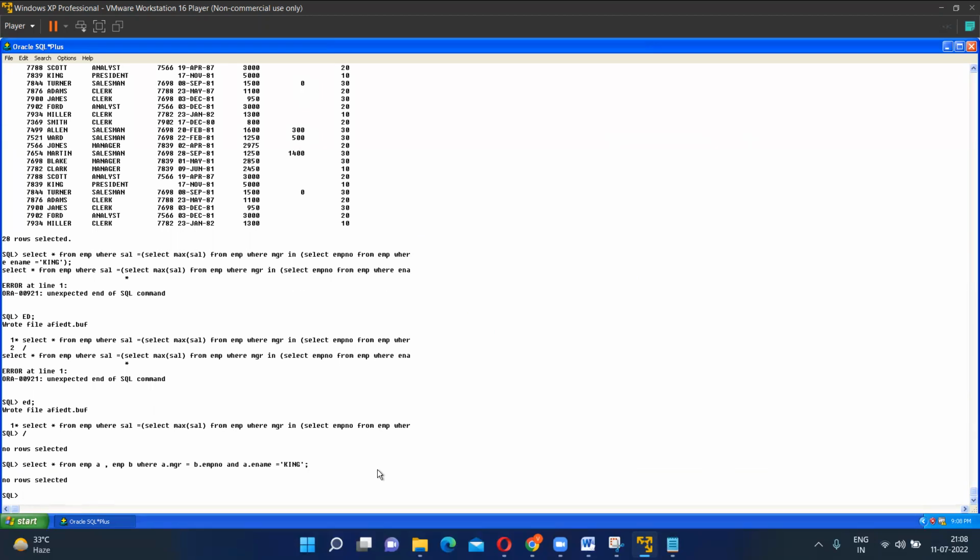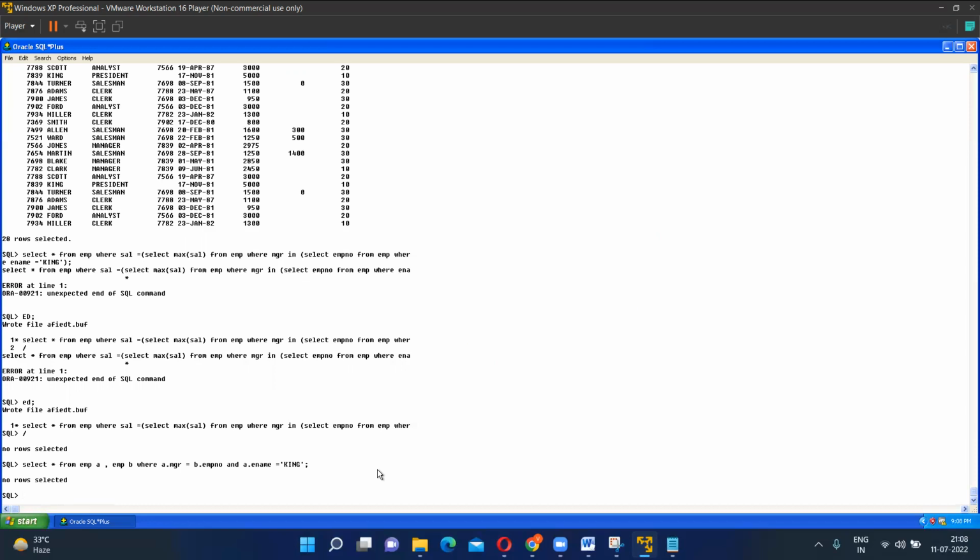And if I want the maximum of salary, then what can I do, guys? I can just take an upper query and write select * from EMP where salary in, and then I can write this lower query. This is also another way.